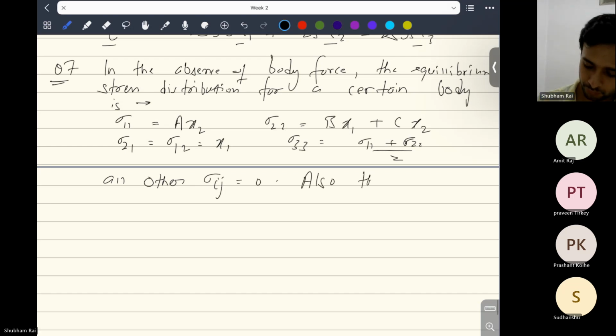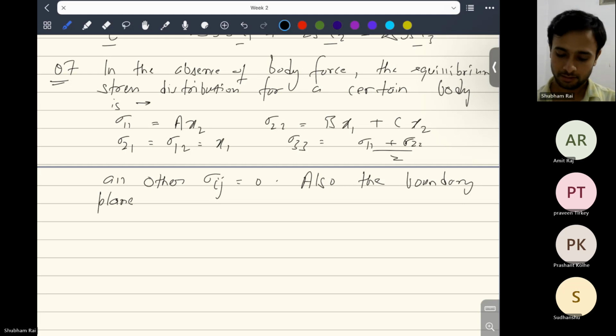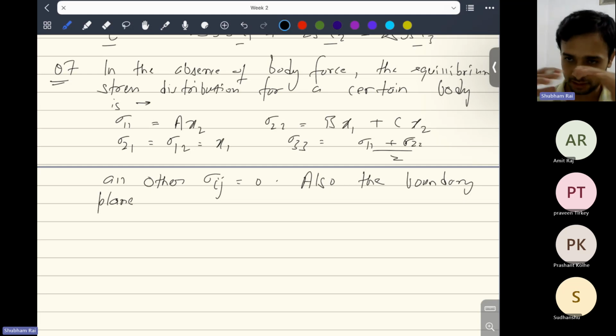Also, there is a certain body, and that body has a boundary in terms of a plane, and the equation of that boundary plane is given by x1 minus x2 is equal to 0.